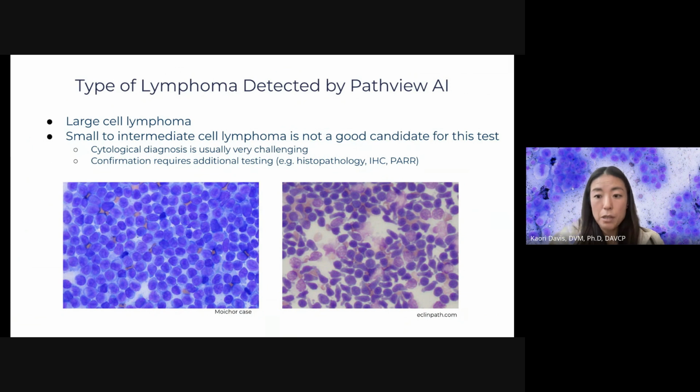And confirmation of small to intermediate cell lymphoma ultimately requires more testing, ideally histopathology, but we can do like PARR or flow. So small to intermediate cell lymphoma is not going to be a cytology diagnosis in the vast majority of cases.